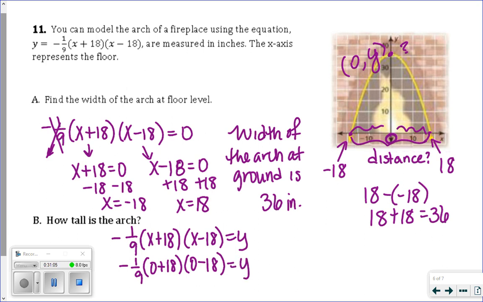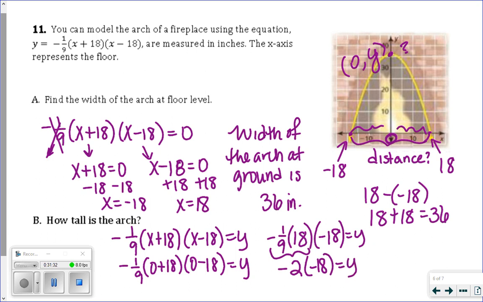And that's what we're going to solve for when we answer that. Let's simplify that out. Well, in the parentheses, 0 plus 18 is just 18. And 0 minus 18 is just a negative 18. And then negative 1 over 18 times 18, that's really 18 times 1 is 18, 18 divided by 18 is 1. I mean, it's 2, sorry. So this right here is just a negative 2.